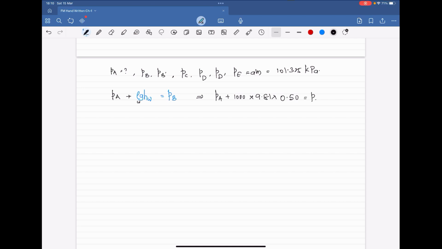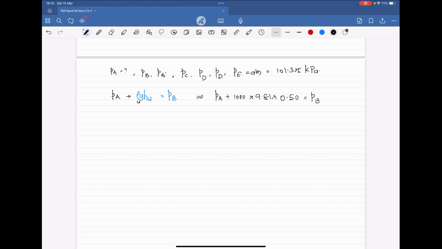Everything we are taking, we will be moving from the point where pressure is to be found to the point where pressure is known. We are moving from PA to PE, where PE pressure is known, that is atmospheric pressure.